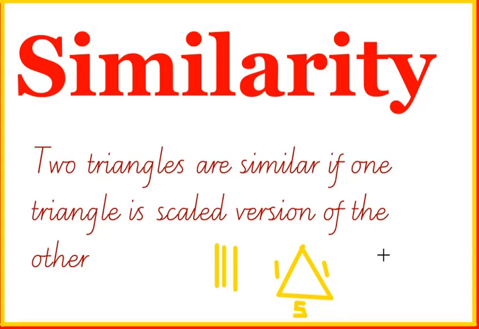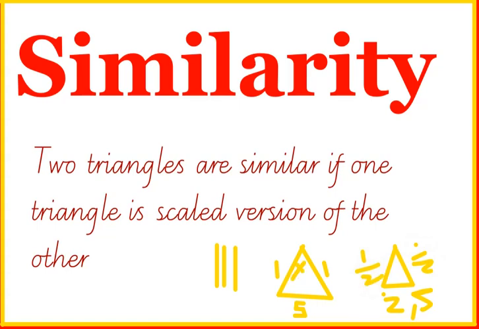Then if we're talking about this triangle and we're saying it's a scaled version, and we say that this is now 2.5, so this side is 2.5, this side is a half, this side is also a half.